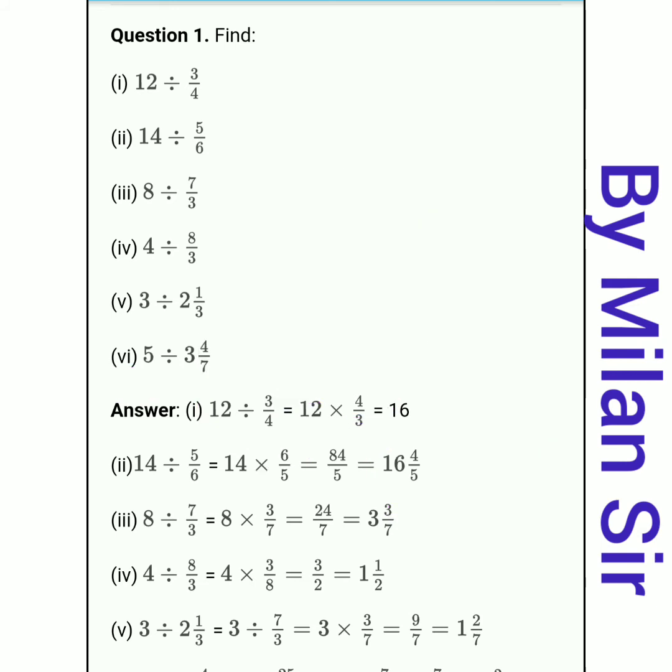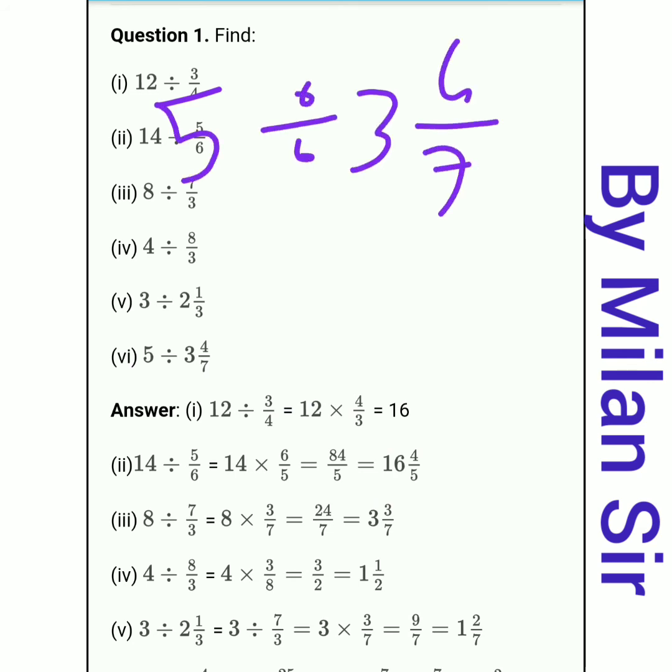Okay. Then 5 divided by 3 integer 4 by 7. Our numerator stays as it is, we do not need to change it. 5 as it is, division becomes multiplication. Sorry, first of all, we need to do simplification of the mixed fraction.